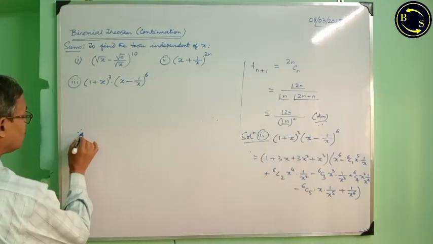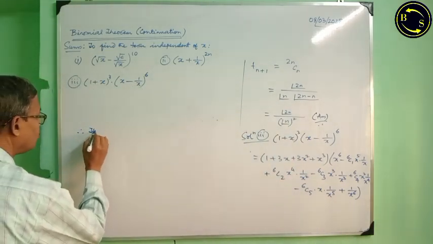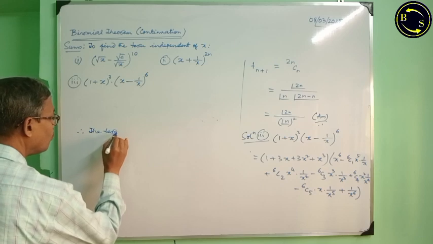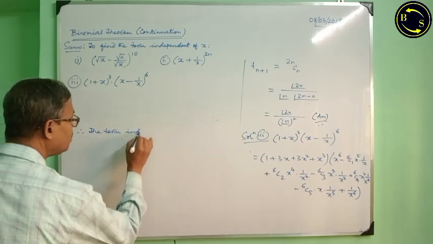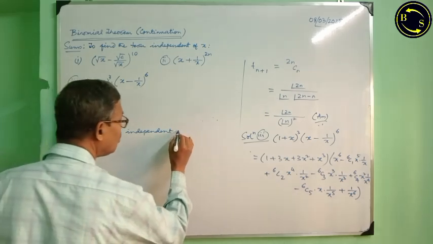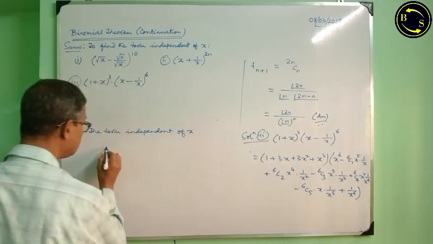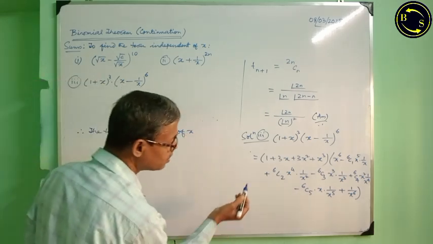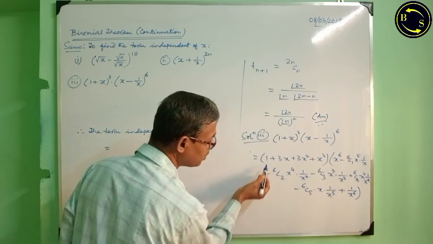Therefore, the term independent of x is equal to, first we consider this term, that is constant.